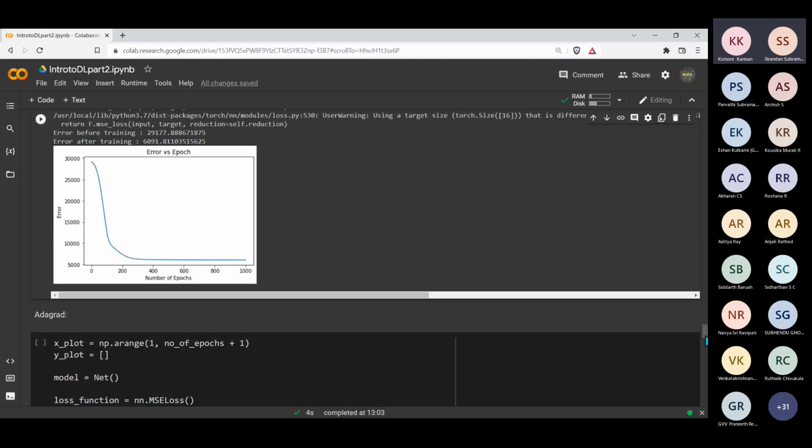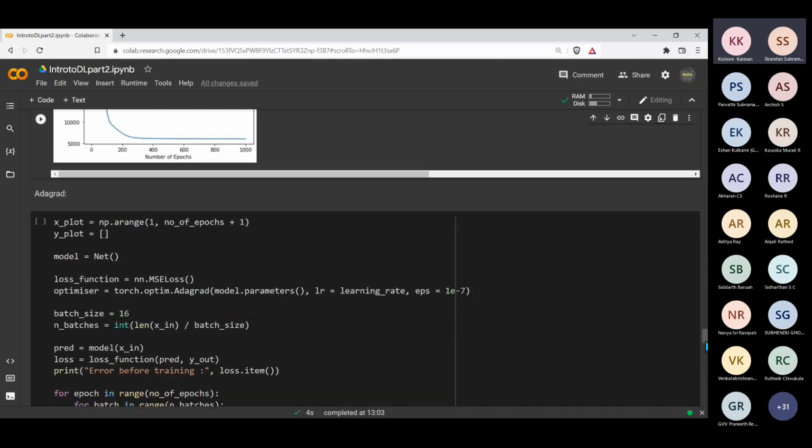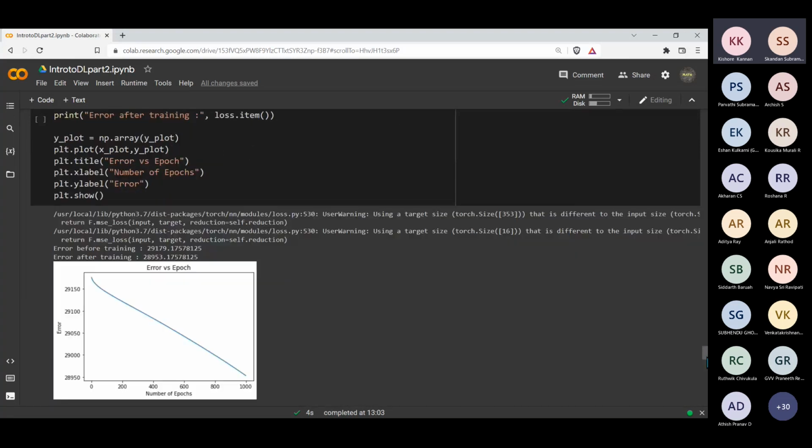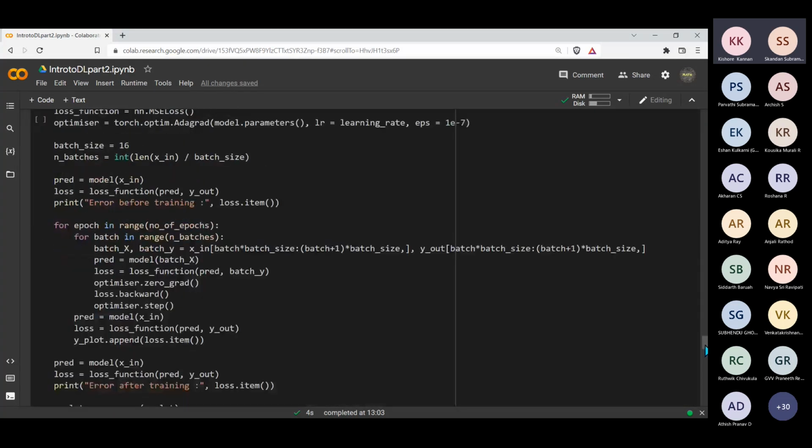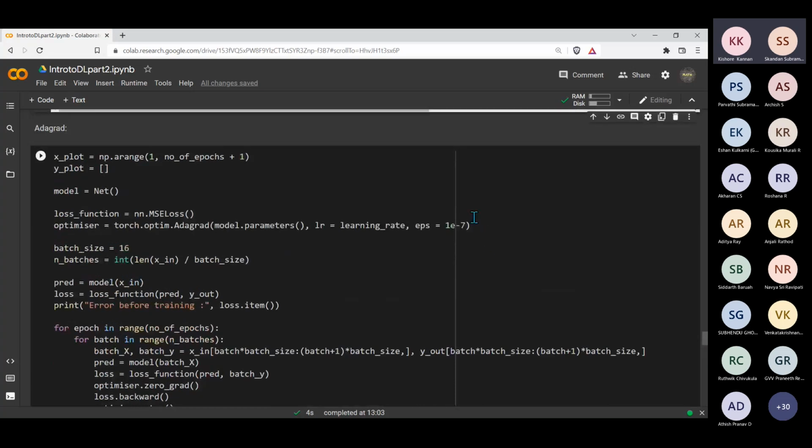And next, we have AdaGrad. For AdaGrad, we don't have to mention that beta like we did in RMS prop, because we just took the sum of the squared gradients in the denominator. If you remember, we didn't take the exponentially weighted moving average, so we don't have to define that alpha, but we have to define that epsilon again, and the syntax is torch.optim.adagrad.